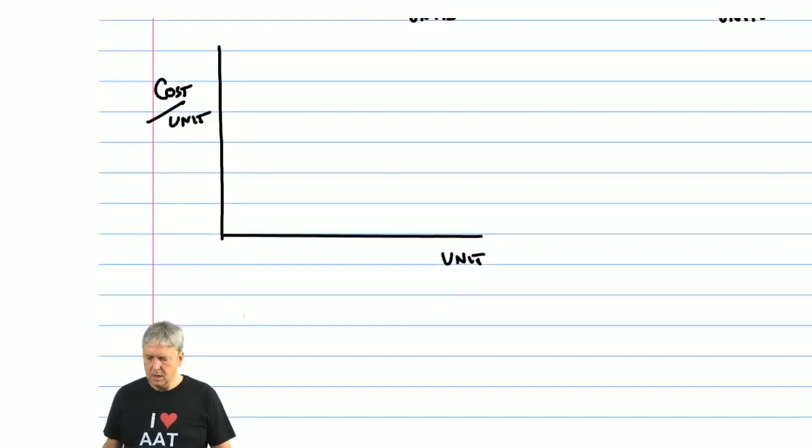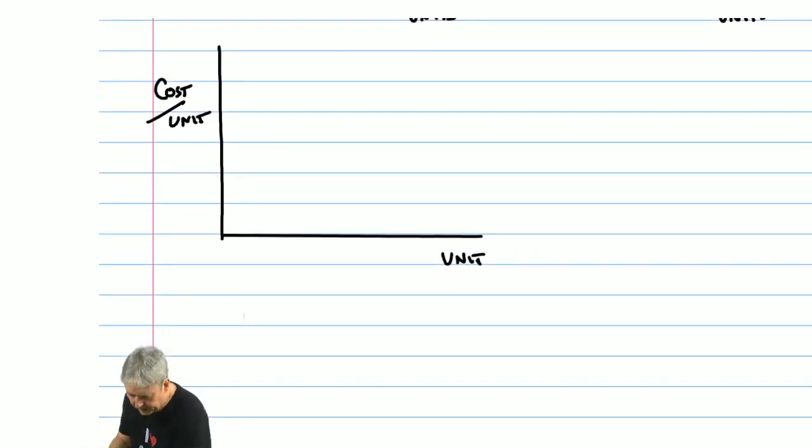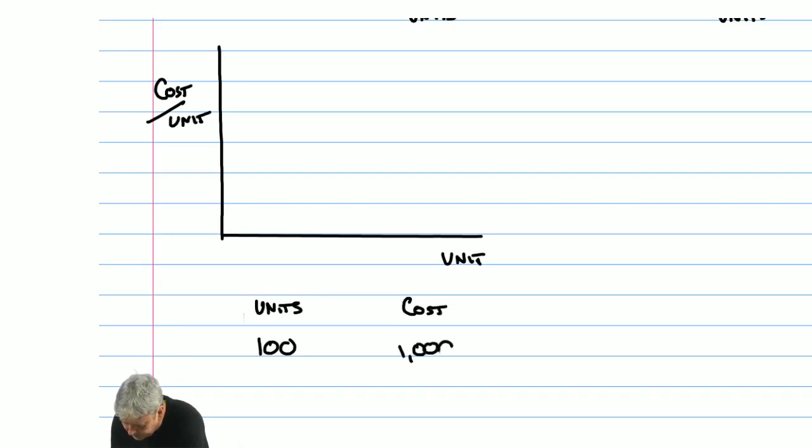Okay. Here we go. Are you ready for it? So let's say we've got 100 units. You don't have to get this down. And we have a cost of 1,000. Yeah. And we have 200 units. And we have a cost of 2,000. And we have 50 units. And we have a cost of 500.